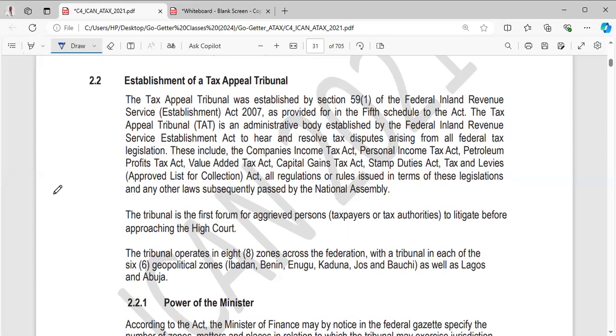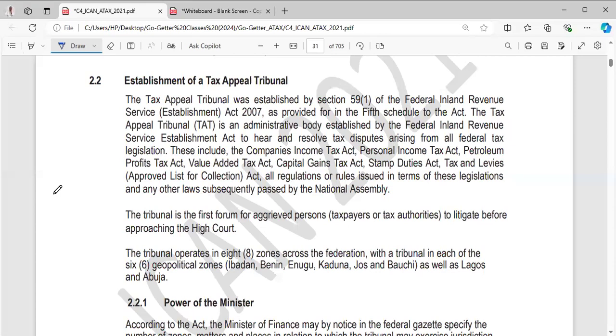So the Tax Appeal Tribunal is an administrative arm or body established by the Federal Inland Revenue Service Act to hear and resolve tax disputes arising from all federal tax legislation.